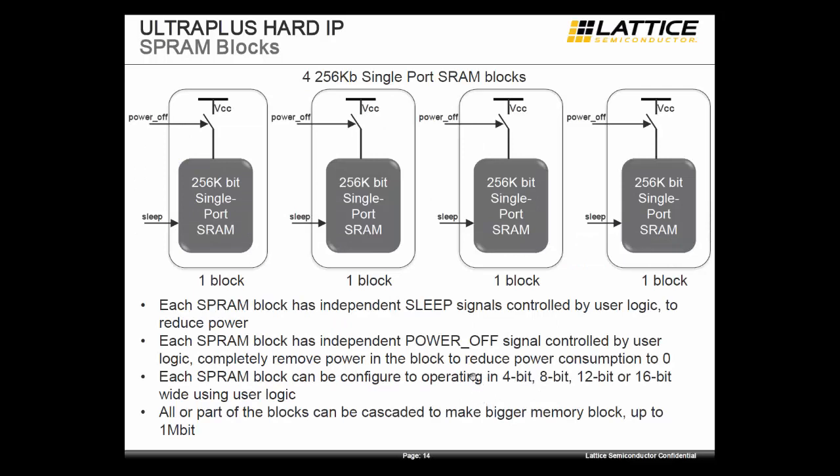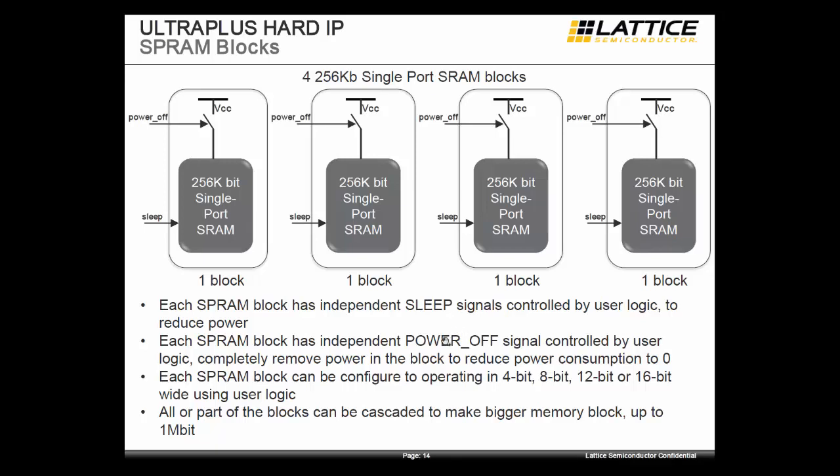The SRAM block, the hard IP in the SRAM block, also consists of 4 256-bit single port SRAMs. Each one of these blocks can be turned off individually, and each block has a sleep signal that can be controlled by the user logic in order to reduce power consumption.